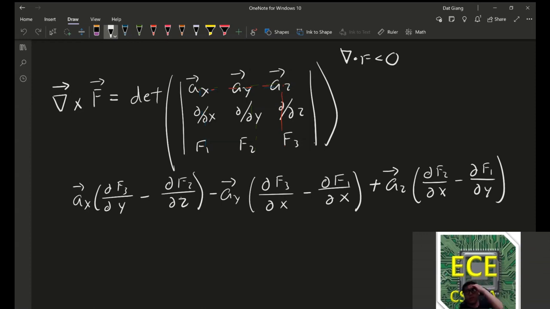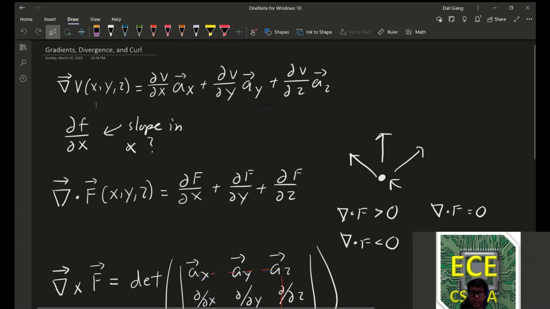Well, when we're discussing curl, we're usually discussing rotations. And this would be very useful also when we're talking about electromagnetism, such as in the case of Maxwell's equations, just to kind of refresh on that. So as such, this gives us all three.